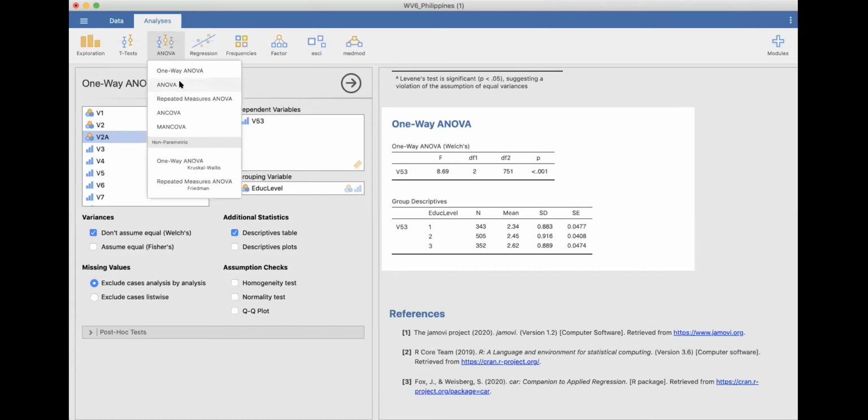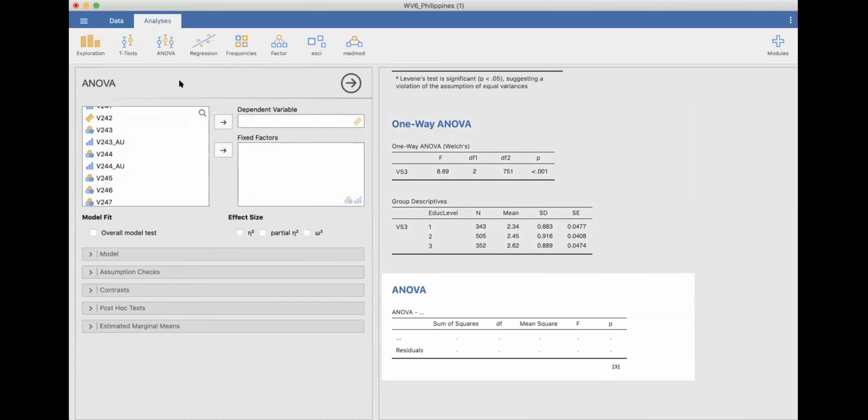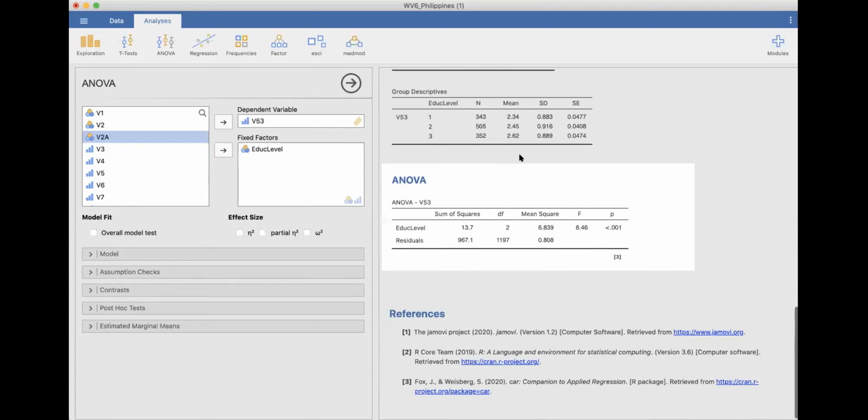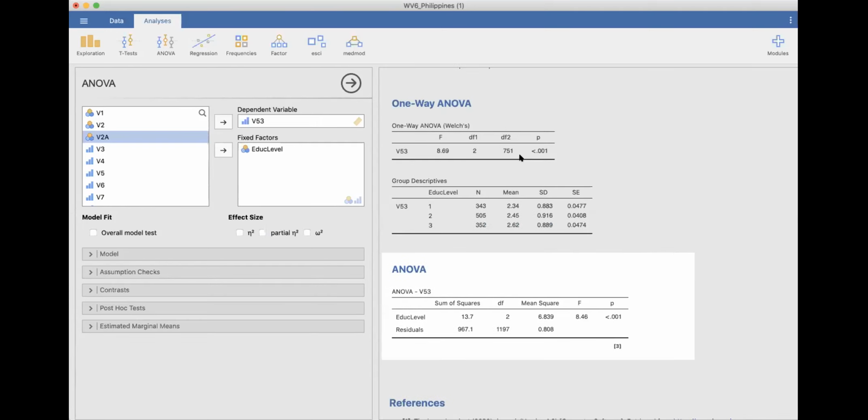And there was some discrepancy when I ran it. Yeah, because initially I followed the handout. It just said ANOVA. Then I tried to check the answers of the others, so I found their answers in the one-way ANOVA. Let's compare. F test. It's the same. Oh yes, the F value is different.